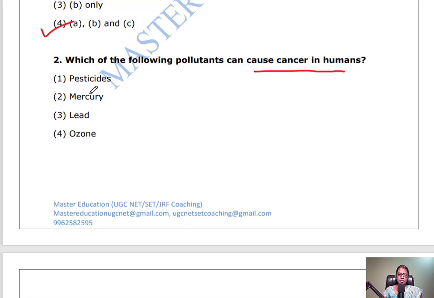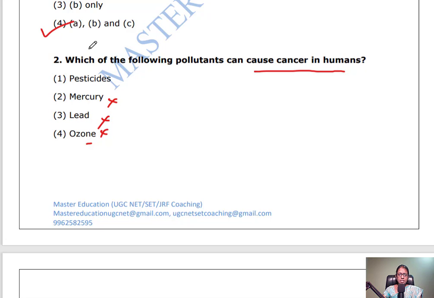So why nowadays cancer increases in humanity? Because of pesticides or mercury, lead, ozone. So ozone is protecting our layer, and lead is also. Mercury is somewhat a little bit good, it is not much in the community.